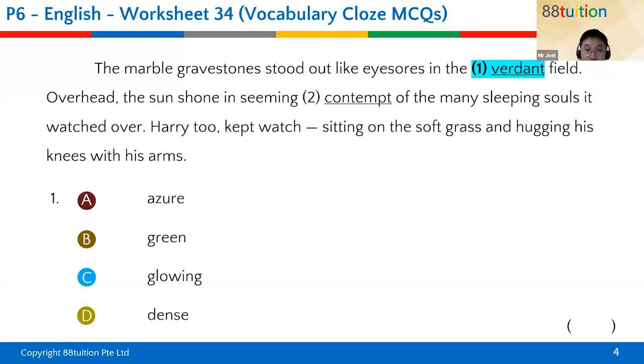So the marble gravestones stood out like eyesores in the verdant field. When we say verdant, what do we mean? So Delia has given me her answer. How about the rest? Who hasn't? So it's just Delia and Yuanjia. If not, the rest have given me their answers.